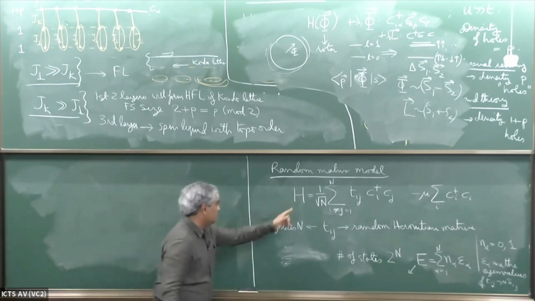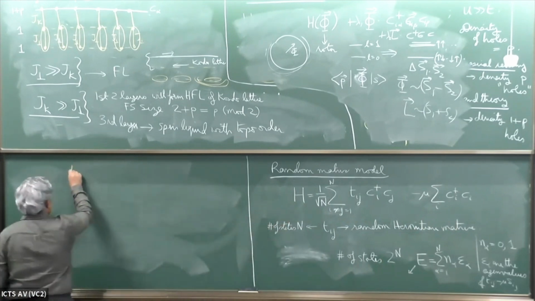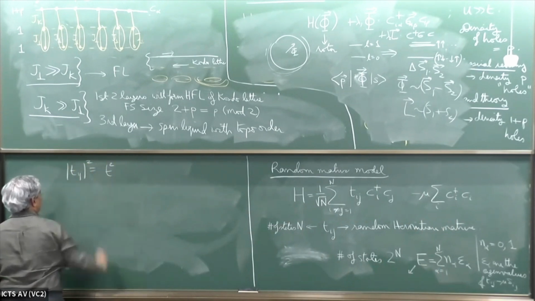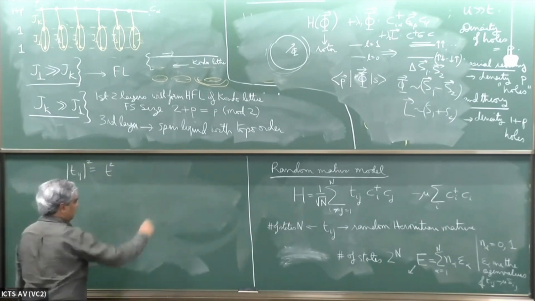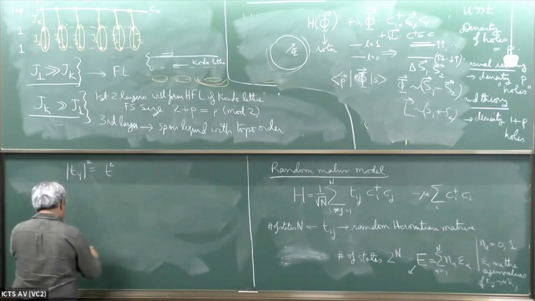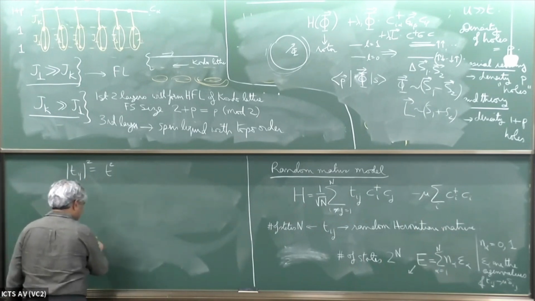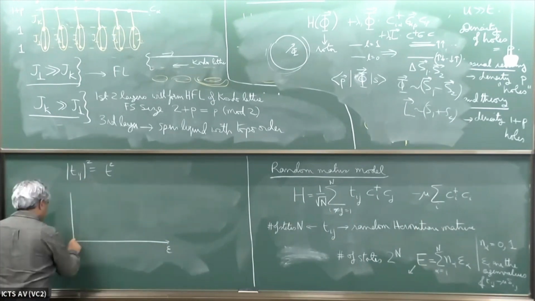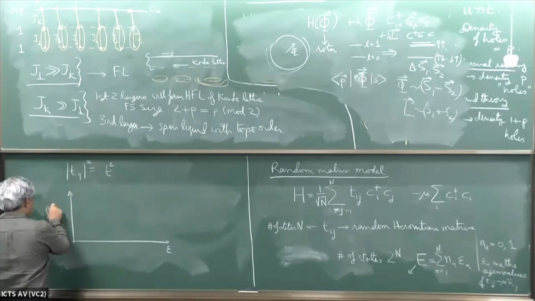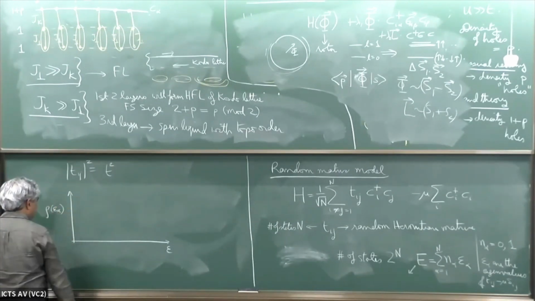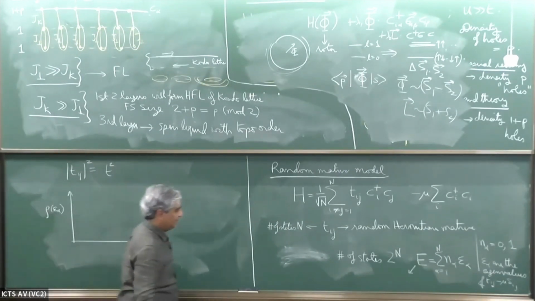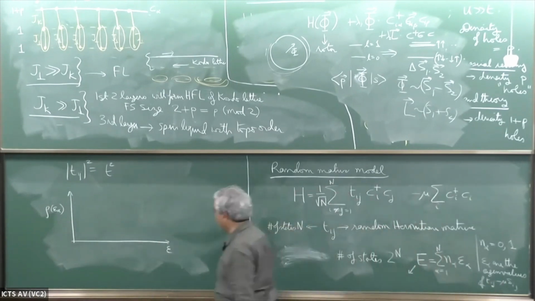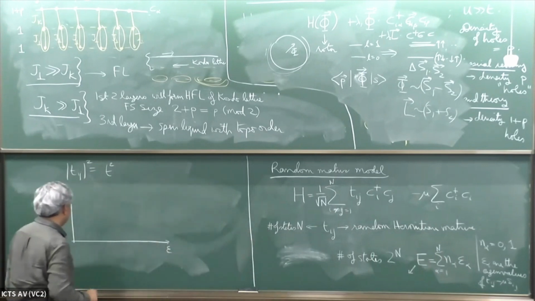All right, so we'll take the mod squared of Tij equal to T squared, and then with the 1 over square root of n, what do the eigenvalues E alpha look like? So here's the energy E, and I can plot the density of the eigenvalues rho of E alpha. I'm sorry, I'm going to get all confused with the mu, so for now, let me just remove the mu, then we can put it back in.